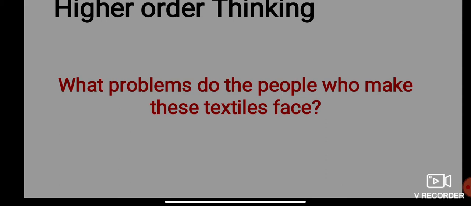All right, it takes many days to make the design on the cloth. And since most of those who make those textiles live in villages or remote places, they are dependent on other people to sell the products for them, and this leads to them being cheated.